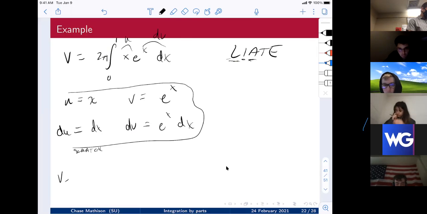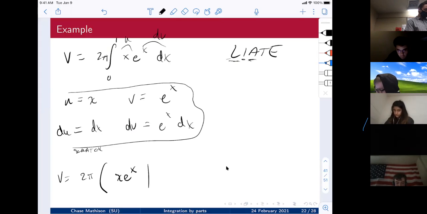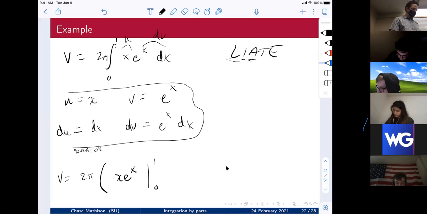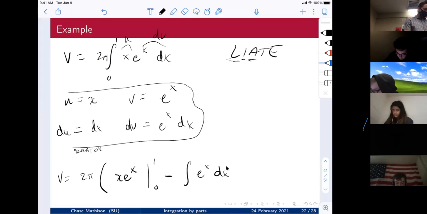This integral becomes 2 pi times, well, this is the integral from 0 to 1 of u dv. So it becomes u times v. So x, e to the x, evaluated at 1 and 0. Minus the integral of v du. Well, that's the integral of e to the x dx.